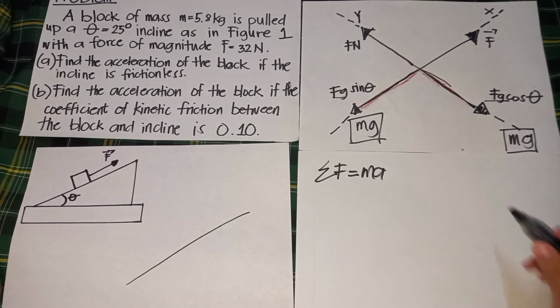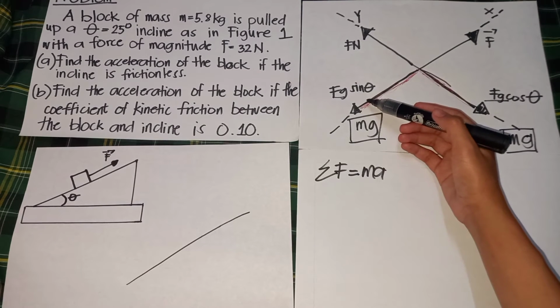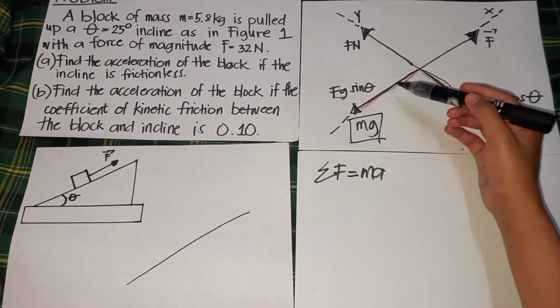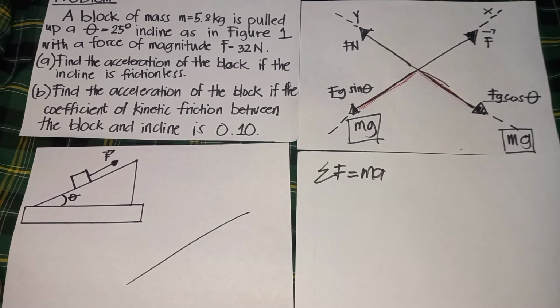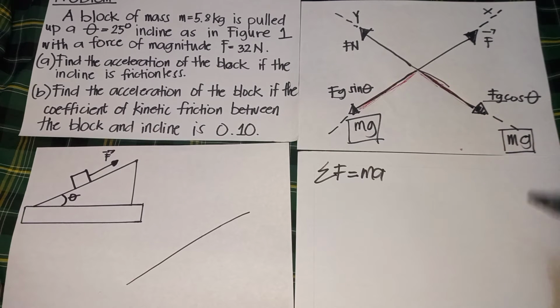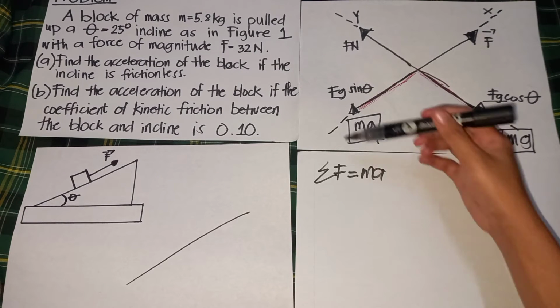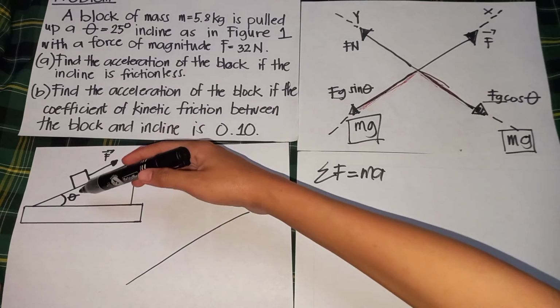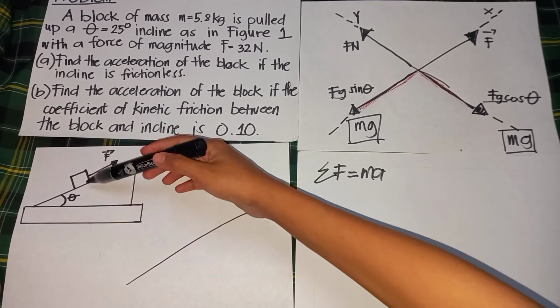In fact, we're only going to need to apply this equation in the x direction, because in the y direction, it should be pretty clear that the object is not accelerating at all. In other words, the box is not lifting off the surface of the ramp, nor is it digging into the surface of the ramp.